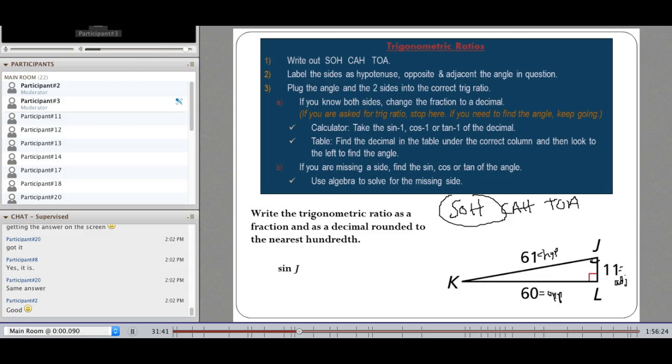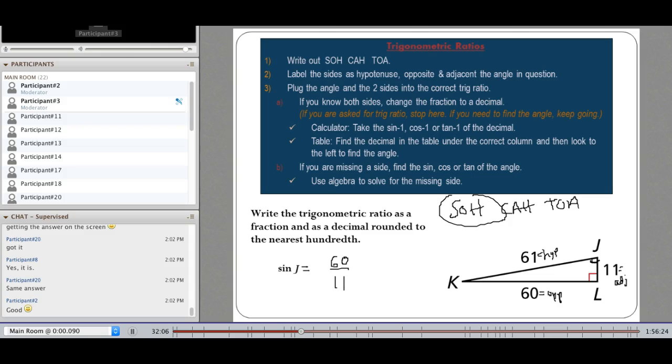So the trig ratio for sine of J is going to be opposite over hypotenuse, so 60 over 11. Okay, so that is the fraction, and now we want to write it as a decimal.